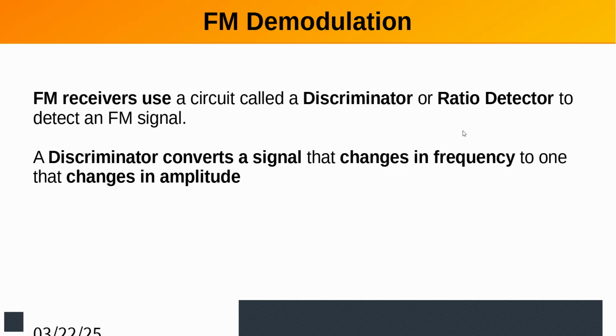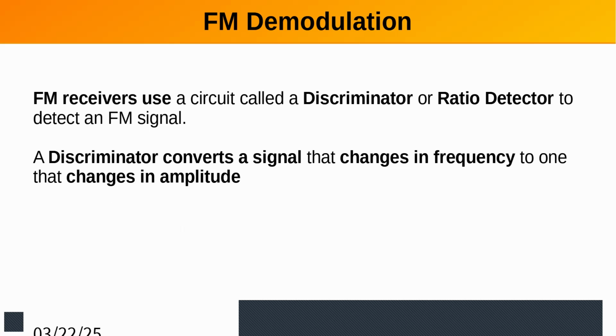FM receivers use a circuit called a discriminator or ratio detector to detect an FM signal. And it's really two different circuits. But the discriminator basically converts the frequency changes into amplitude.